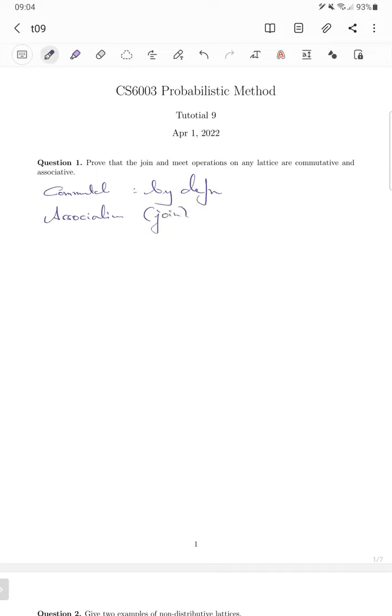Okay, tell me. Sir, let two elements X and Y in a set P. P or S, any lattice. Let's call it L. Then, sir, by definition of the join operator, X join Y is equal to supremum of X and Y. Okay, but this is only a name.